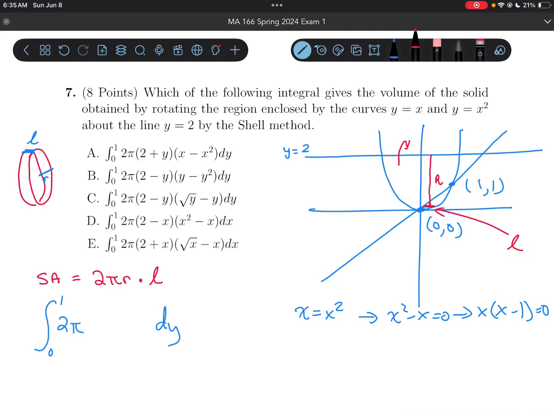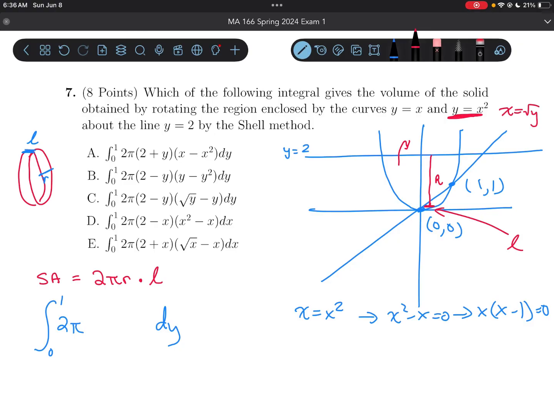So let's find the length of L first. What we need to do is rewrite this line in terms of x. So we get x is equal to square root y.